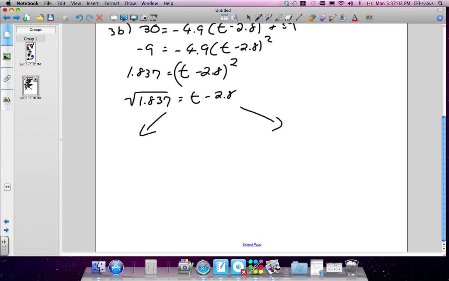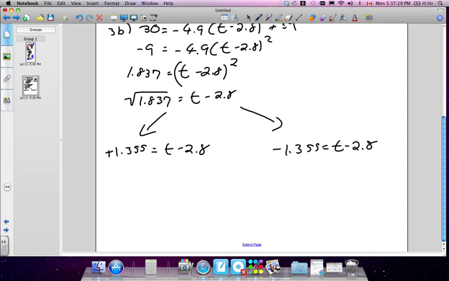What's the square root of 1.837? I got 1.355. So you're going to get positive 1.355 is equal to t minus 2.8, and negative 1.355 is equal to t minus 2.8, and then you're going to solve for the two t's.